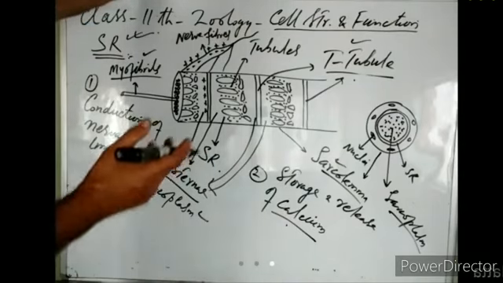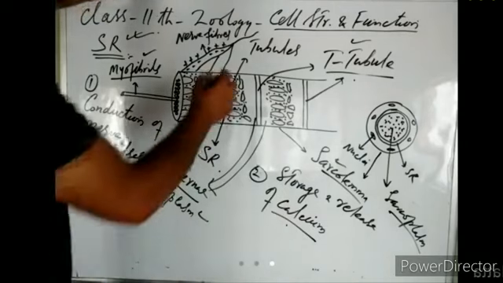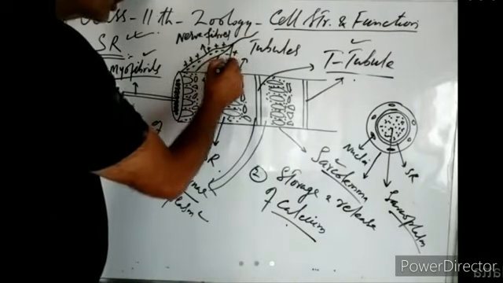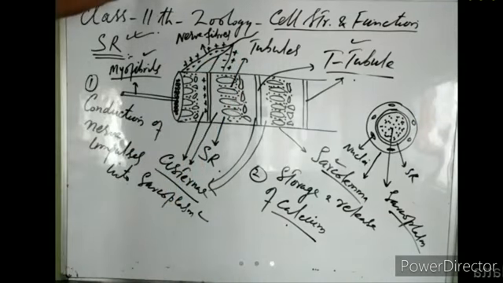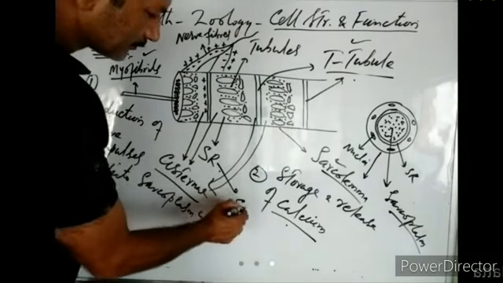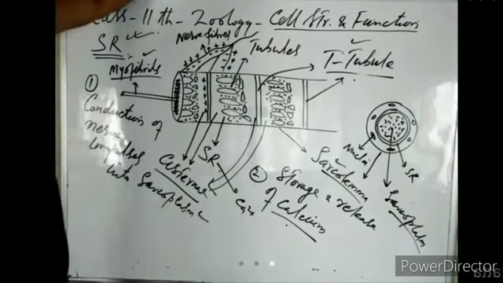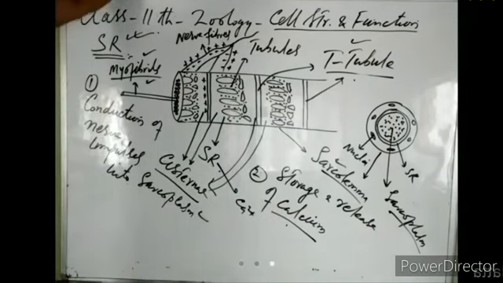So when the nerve impulses arrive, those nerve impulses pass into the sarcoplasmic reticulum, and this sarcoplasmic reticulum at that time releases calcium. That calcium binds to proteins of the myofibrils, and myofibrils start contraction.